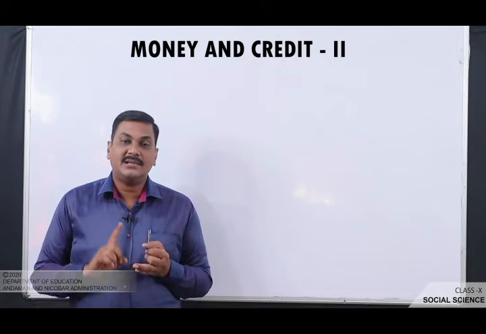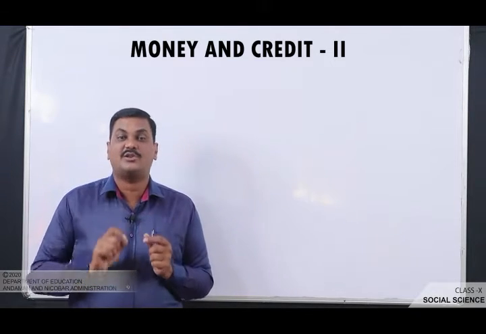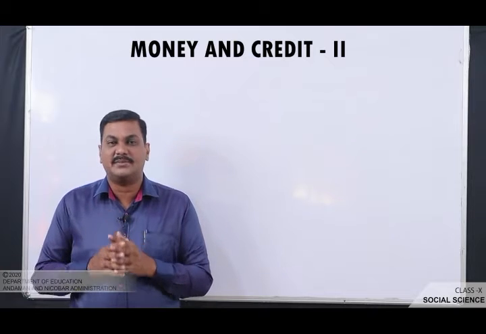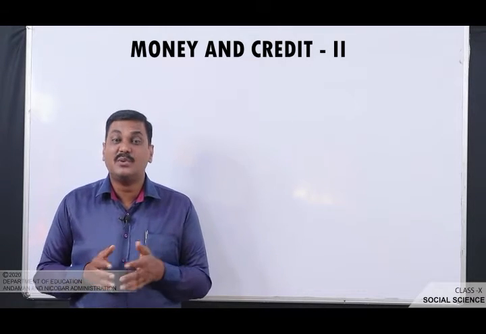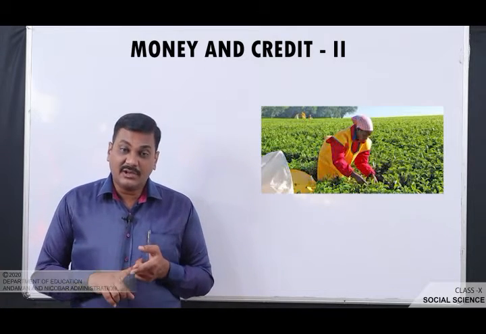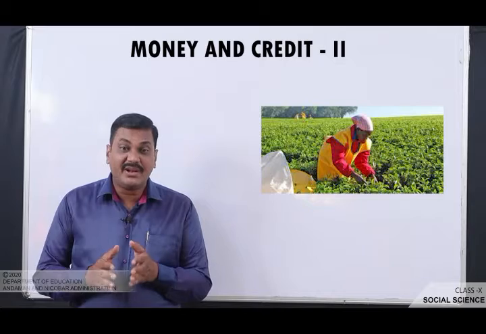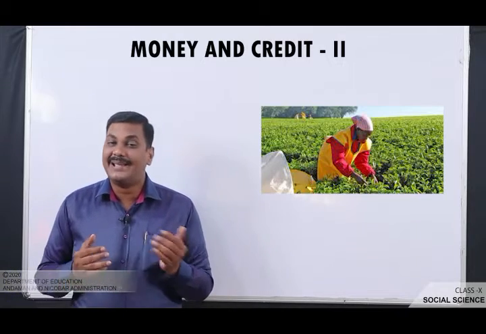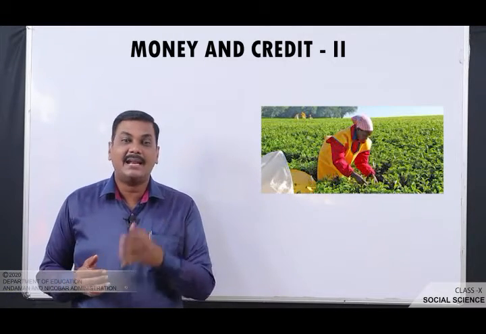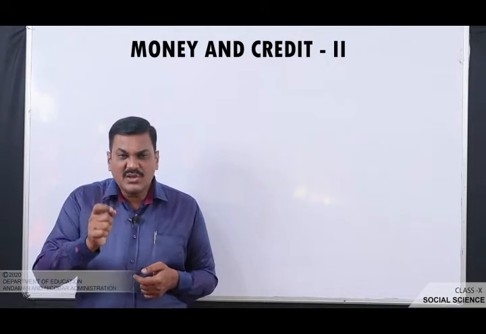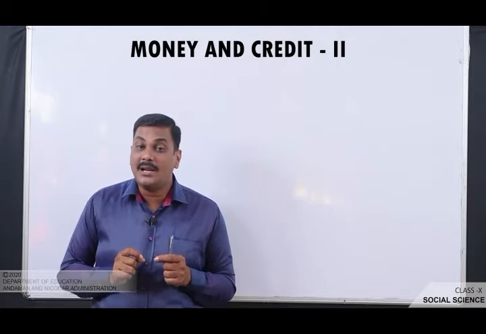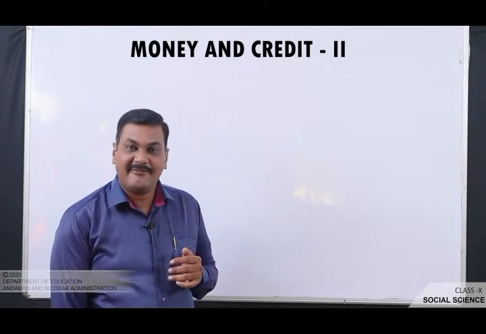And the third one is there is a minimum stretch of 3 to 4 months between the time when the farmers buy these inputs and when they sell the crops. And fourth, the farmers usually take crop loans at the beginning of the season and repay the loan after harvest. Repayment of the loan is crucially dependent on the income of the farmer.